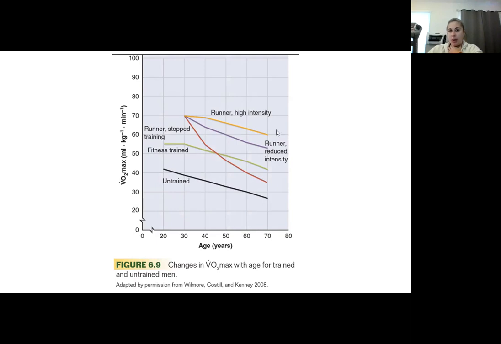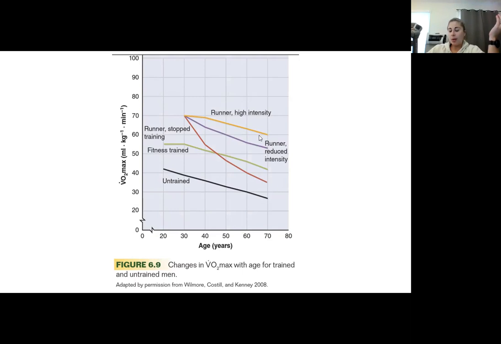Now, if they continued their running throughout the rest of their life, we're going to see a decrease, but not much, up to 60 at age 70. That is a huge difference between the one who is trained versus the one who's untrained. So that means they're going to have a higher workload capacity, easier to do activities of daily living, not fatigue as easily if you have that higher reserve and capacity.